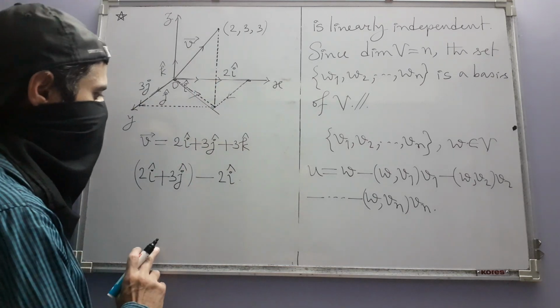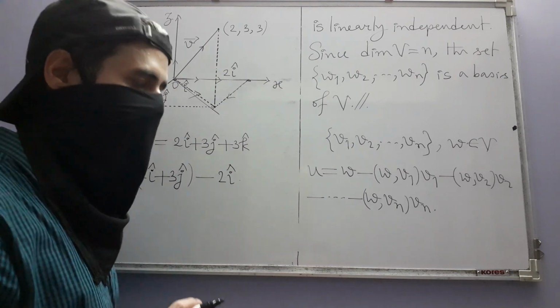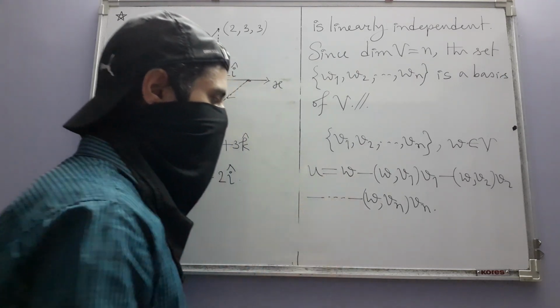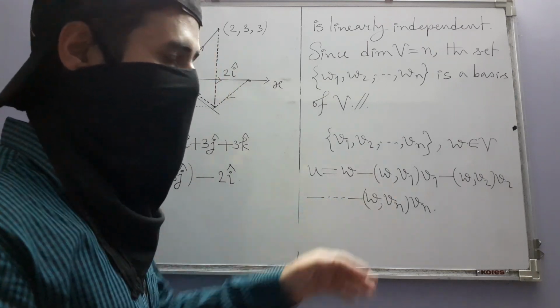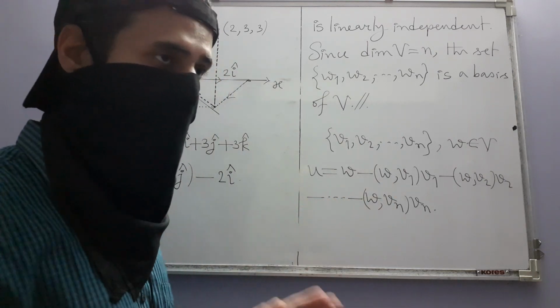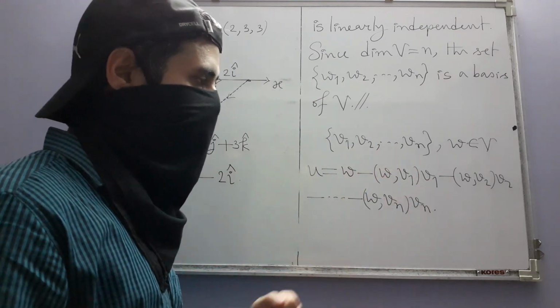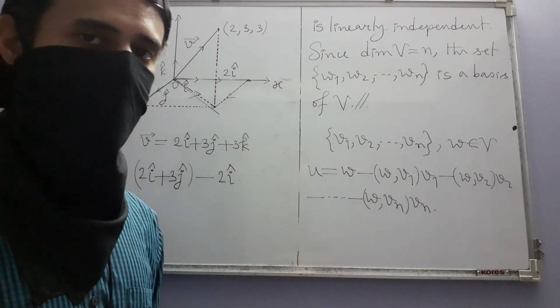So what I am trying to say is that from a vector w, if you remove the amount of v1 that is along w, then the resultant is going to be perpendicular to w.